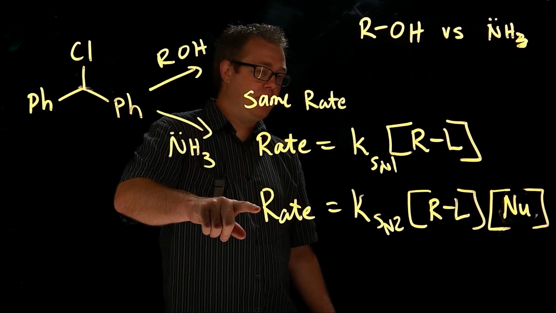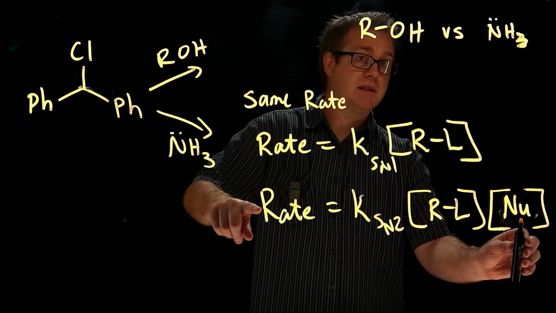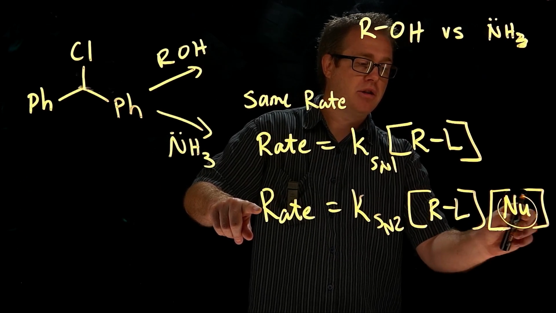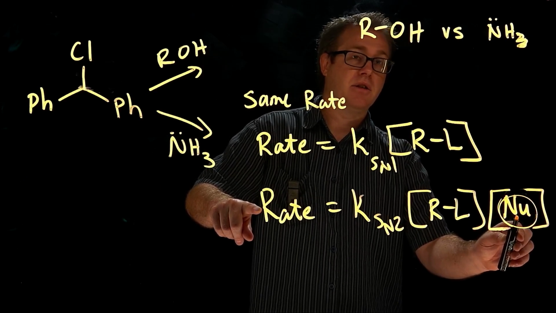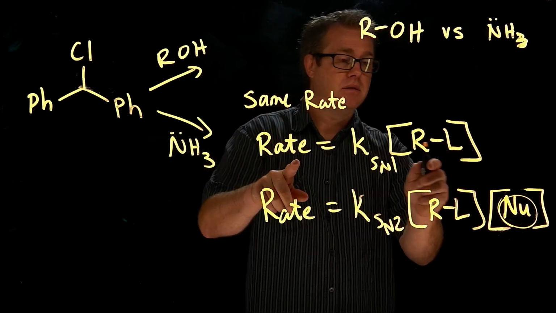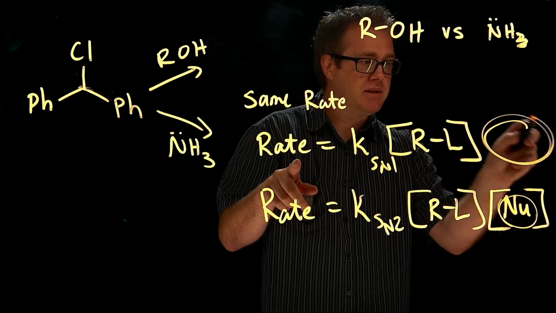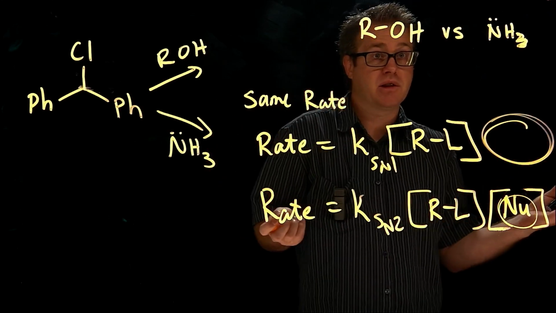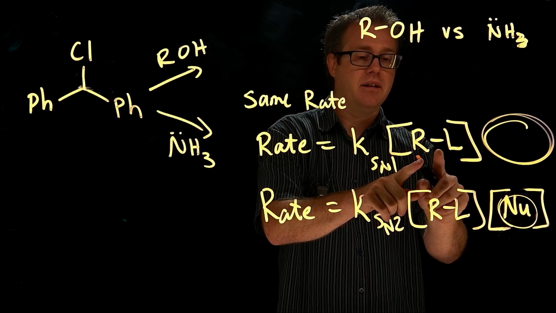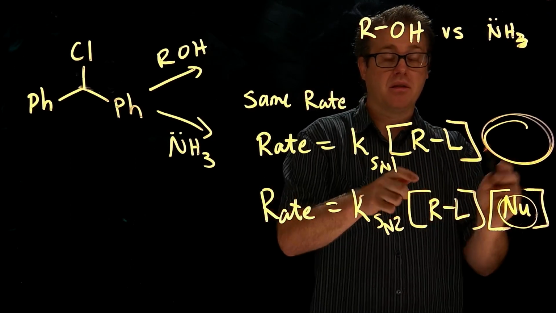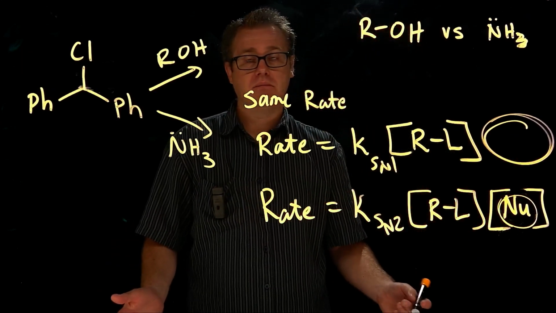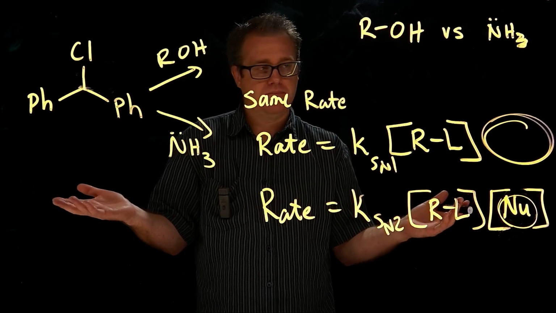So in an SN2, the rate is dependent on the nucleophile. And so if you have a stronger nucleophile, the reaction is going to go faster. But in an SN1 reaction, there's no attacking species over here. It doesn't influence the rate at all. It's just the concentration of the alkyl halide. And so the strength of the nucleophile for an SN1 doesn't influence it.